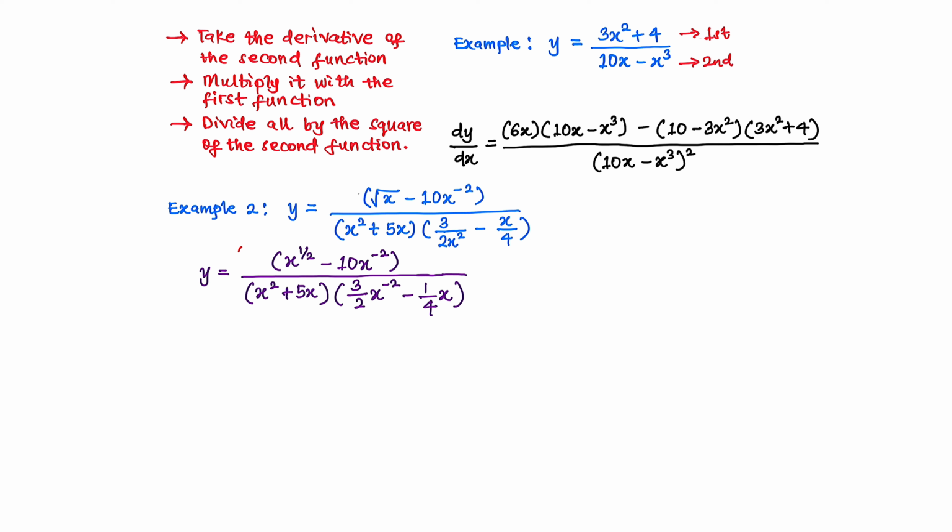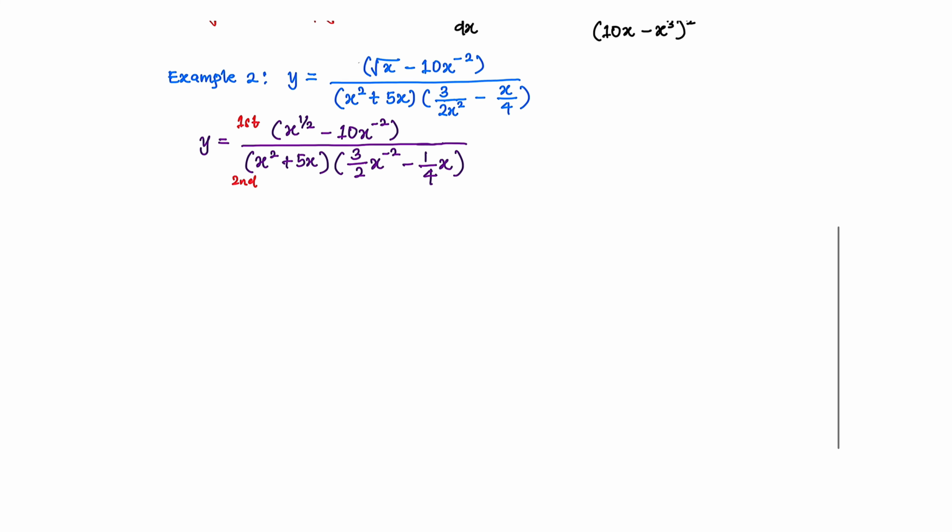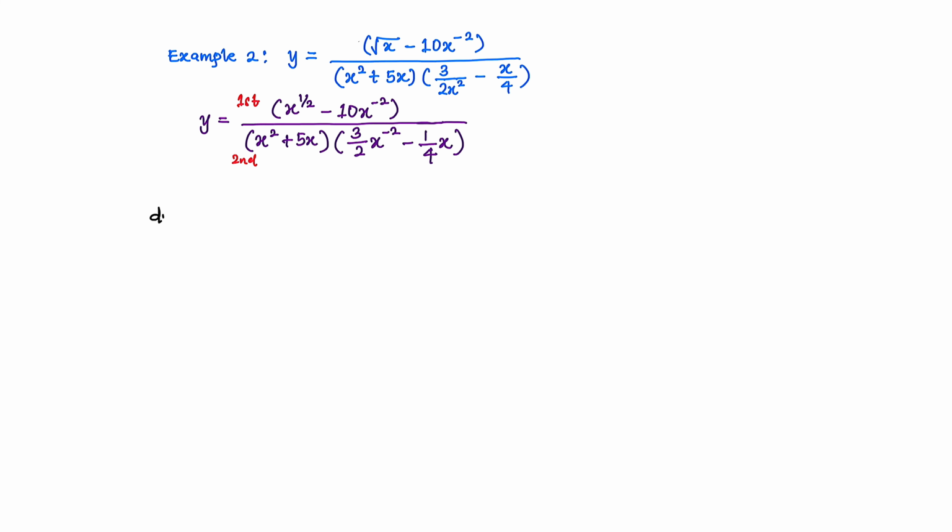So this is our first function and this is our second function. So dy dx equals, take the derivative of the first function. So we are taking the derivative of x to the power of 1 over 2 minus 10x to the power of minus 2.